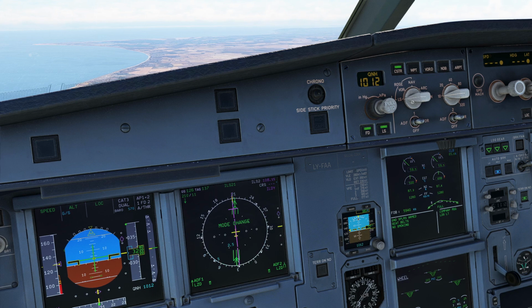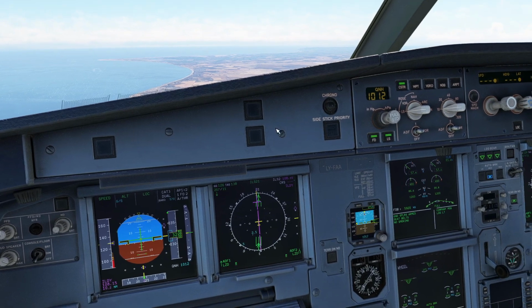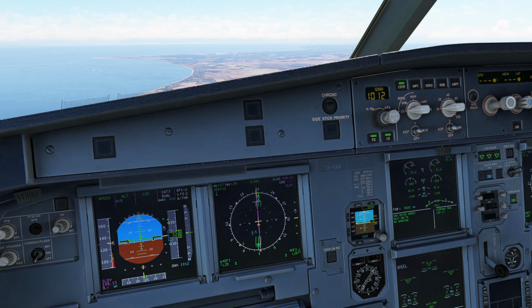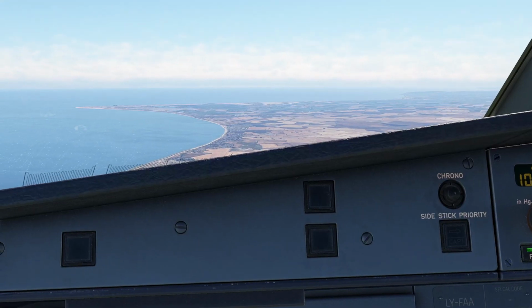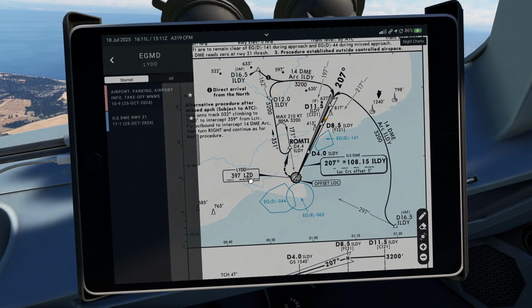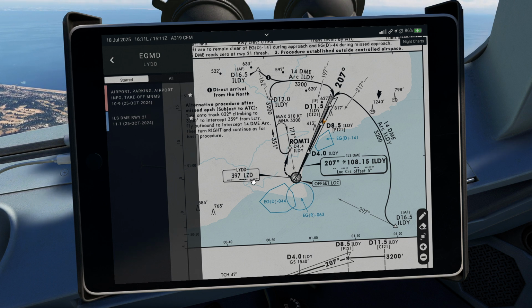I'm going through the ROSE LS2. There is no VOR at the airport, but Lydd actually has an NDB with the frequency 397 with the identifier Lima Zulu Delta.